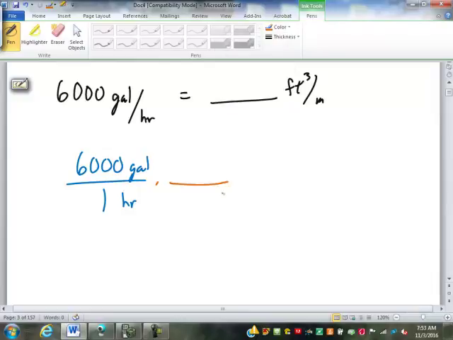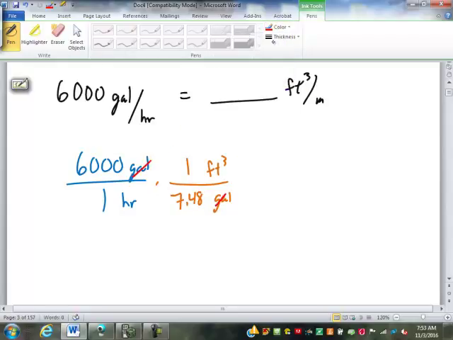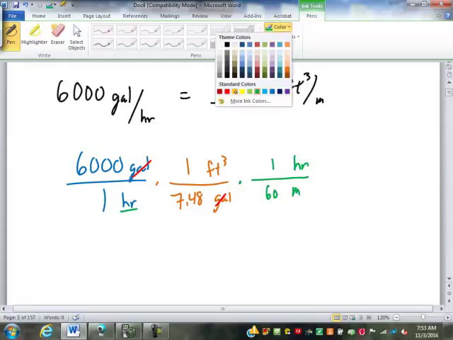So, get rid of the gallons first, going to cubic feet. What's the relationship between gallons and cubic feet? 1 cubic foot is 7.48 gallons. So gallons are gone. What else do we need to change? Hours to minutes. 1 hour is 60 minutes.